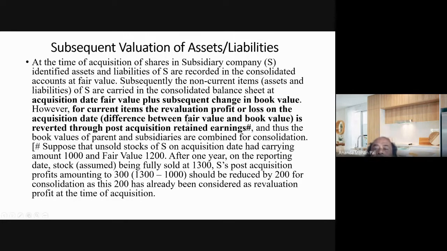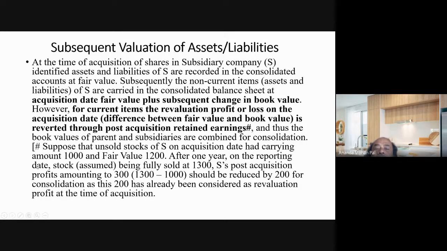But this is the ultimate result of first considering fair value at the acquisition date and then reverting that in the post-acquisition retained earnings. Why that? I am giving one example to explain that.